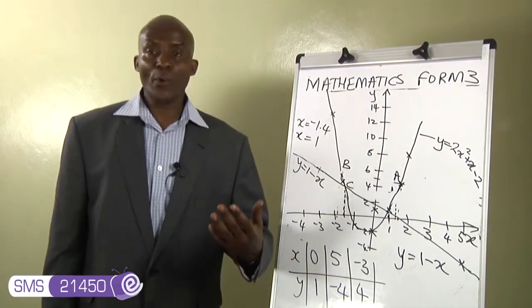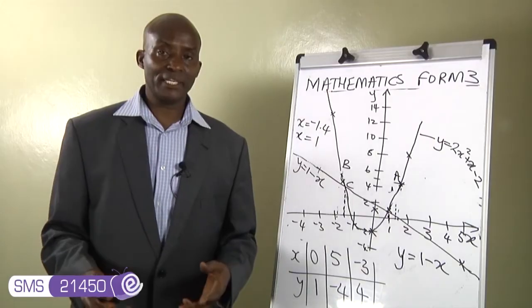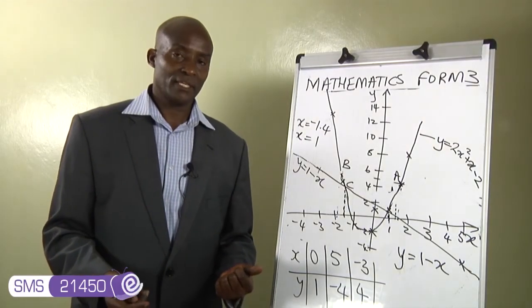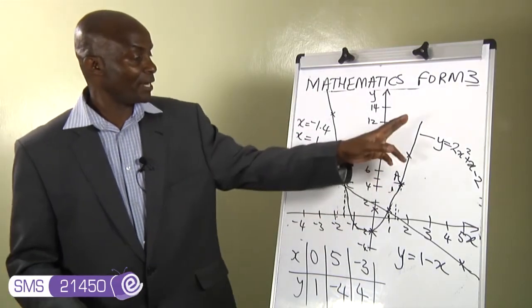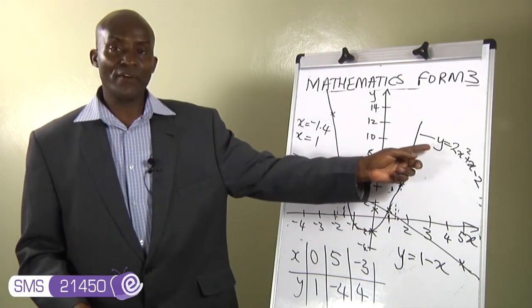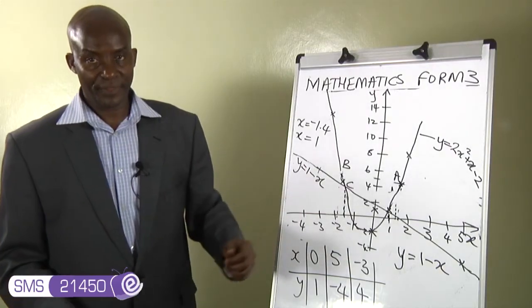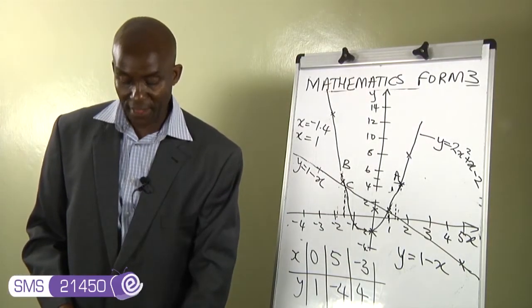So you can see that we can solve different kinds of quadratic equations using one graph or curve of a given quadratic equation. And that is how you approach that.